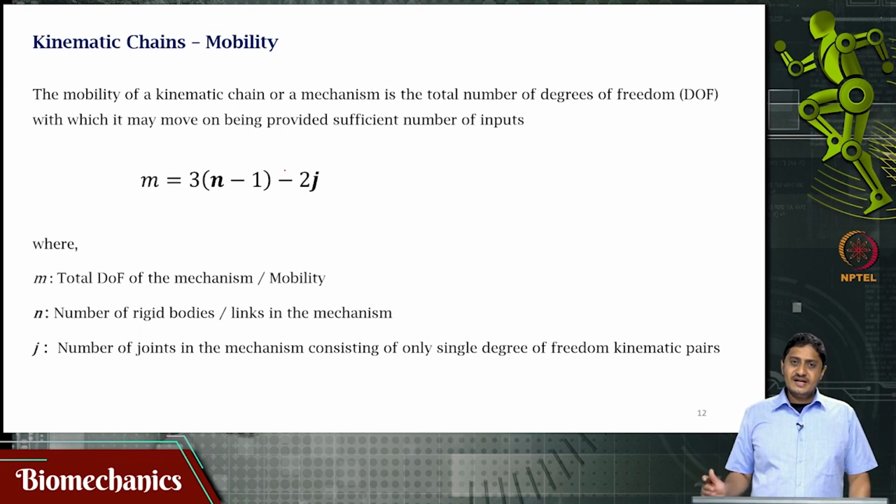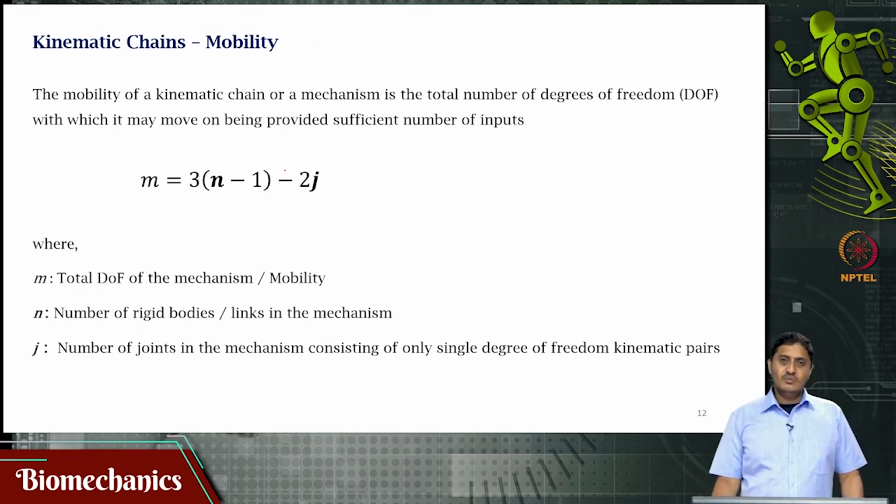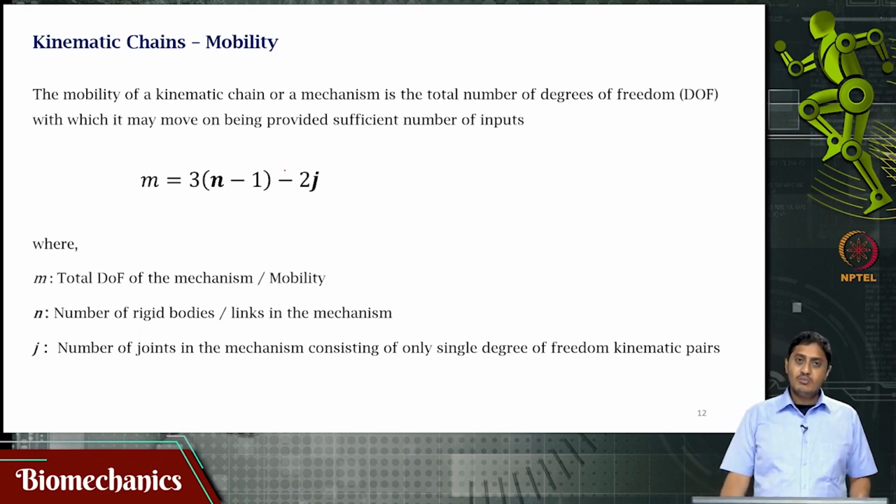When we discuss kinematic chains, we are interested in one more concept, which is mobility: the total number of degrees of freedom with which it may move when a sufficient number of inputs are given.